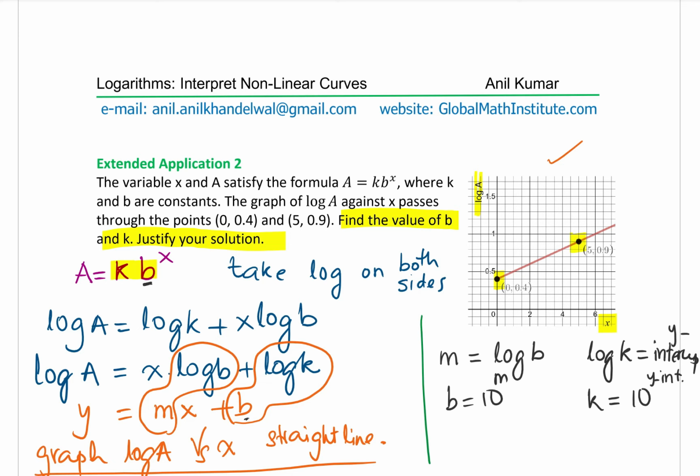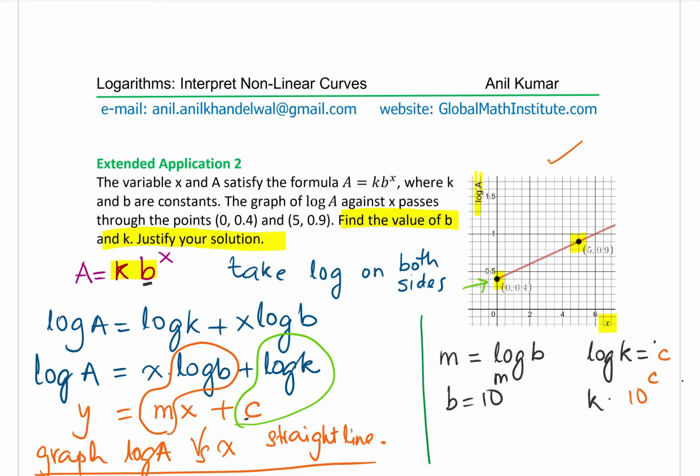Let me rather change this to c, so that that confusion is not there. So that makes sense. So log k will be equal to c, and so k will be 10 to the power of c. Is that clear to you? Where c, the y-intercept, is this point. Perfect. So that is how you're going to figure this out.